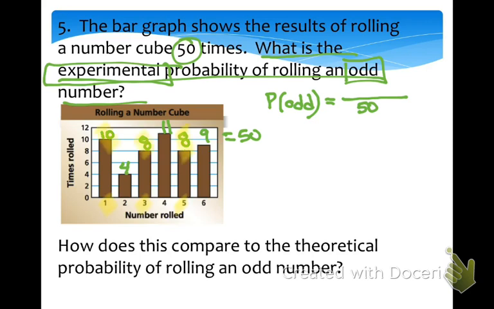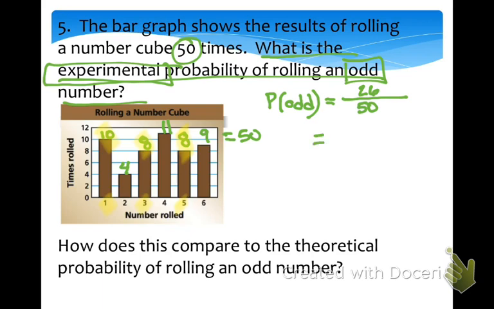So I have 10 plus 8 is 18. 8 plus 18 gives me 26. So I now know that 26 is right there. That can be simplified.